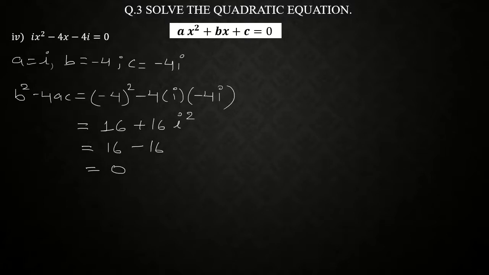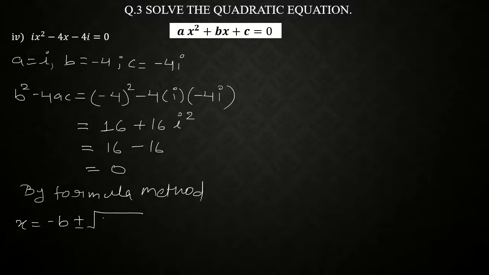Let's understand further. So by the formula method, we will write down x is equal to minus b plus minus under root of b square minus 4ac, whole divided by 2a, and we update all the answers.